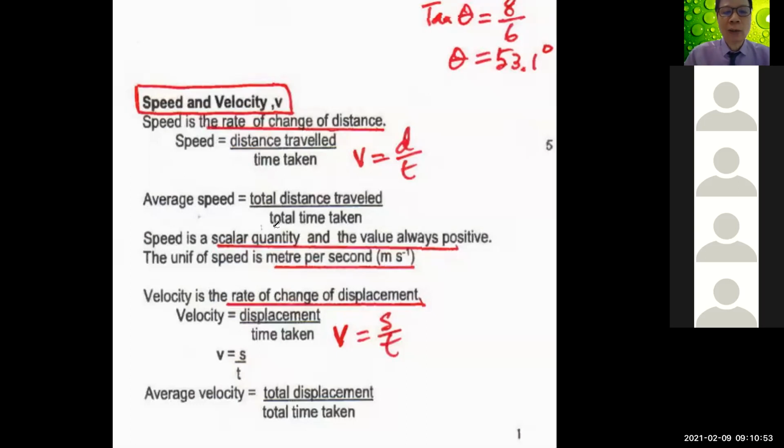Speed is a scalar quantity. As you know, distance has no direction, that's why speed also has no direction. So it is a scalar quantity, and the value is always positive, since we are not taking direction into consideration. Meaning all positive, no negative. And the unit for speed is meter per second. This is the standard unit.